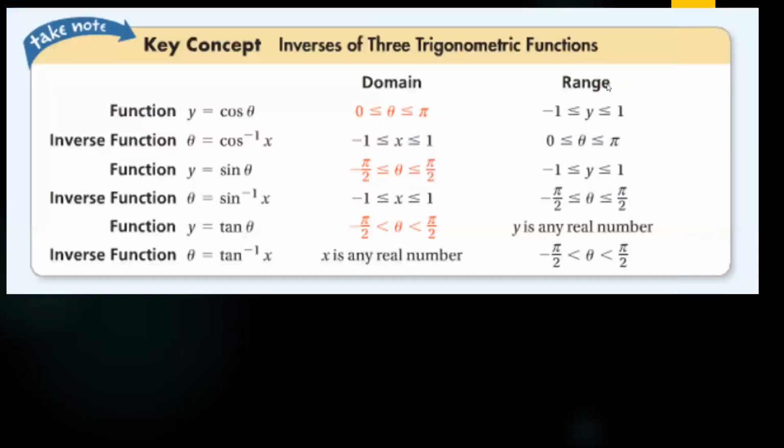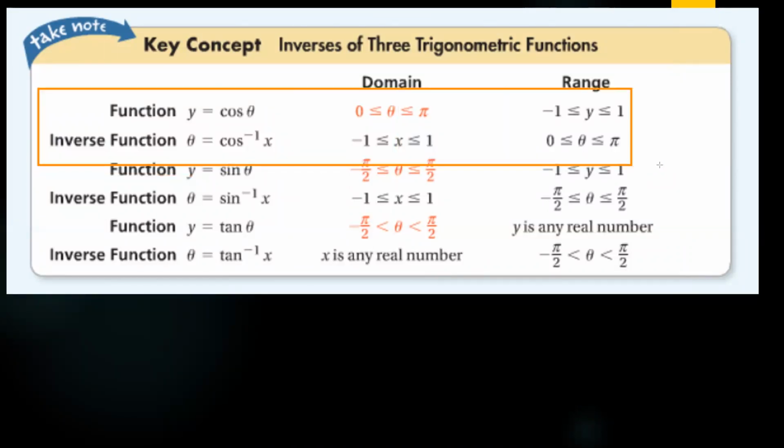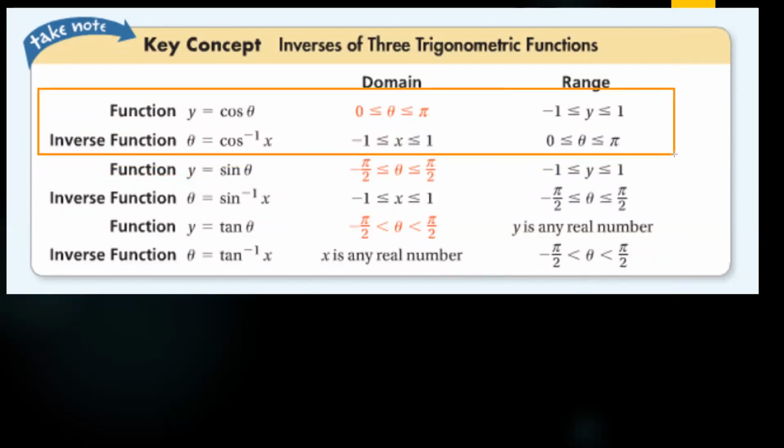Now, before we start solving, let's remember that for cosine, when y is cosine x, its domain is from 0 to pi, and its range is from -1 to 1. Today we are going to talk about its inverse, which is cosine inverse of x.